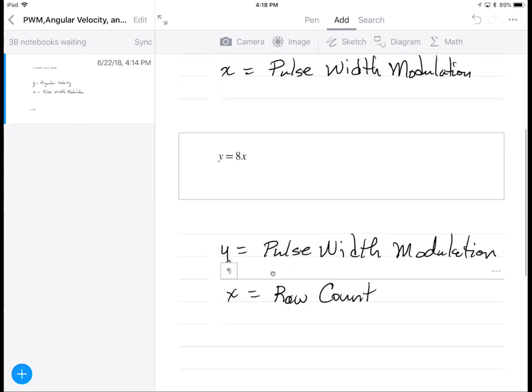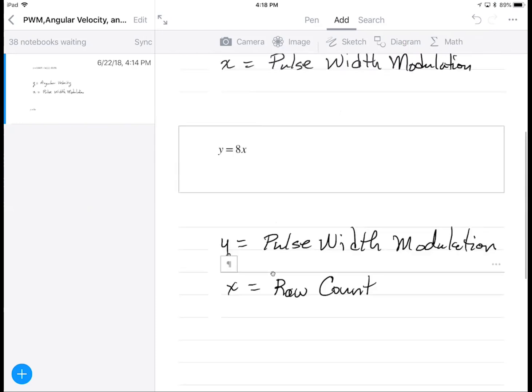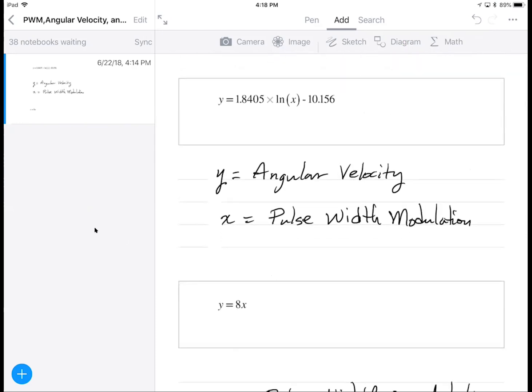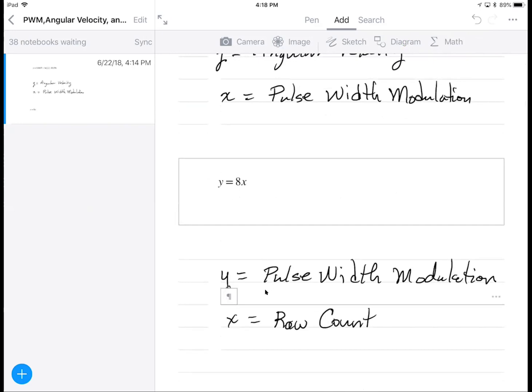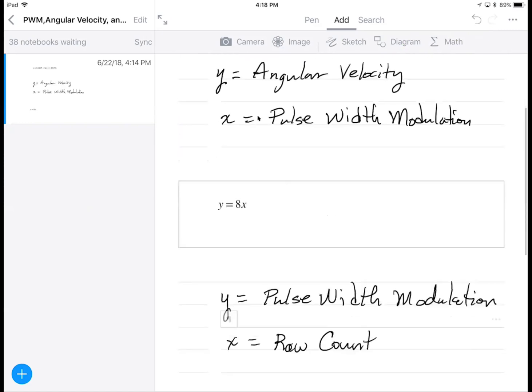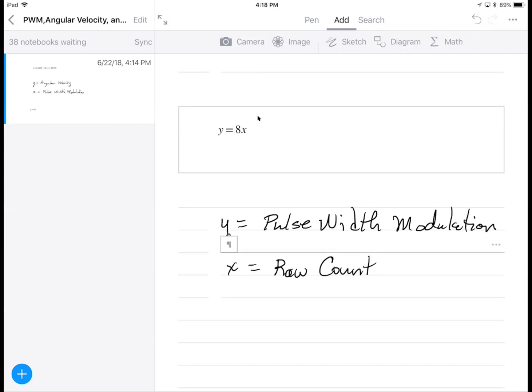So what I'm going to do is derive an equation which will utilize this equation to connect the raw count to the angular velocity up here. So essentially the y in this case, and I probably should label it something else, something like y prime, and I'll make this x prime.